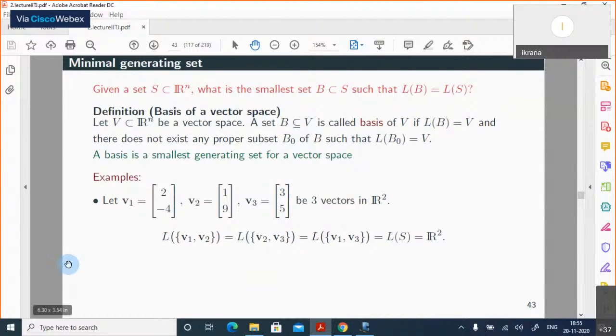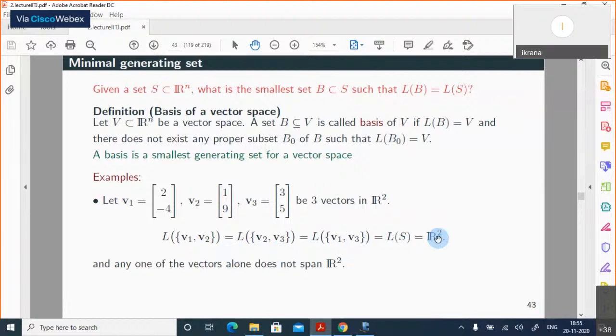You can have examples. For example, just now we saw those 3 vectors, right? Any 2 of them generate R2, and none of them can be dropped. So each one of them is a basis for the vector space. What we are saying is that to construct the whole of R2, we need only two vectors, for example V1, V2, or V2, V3, or V1, V3.